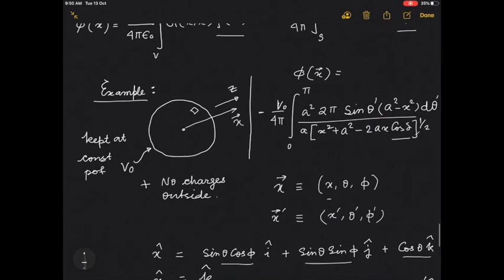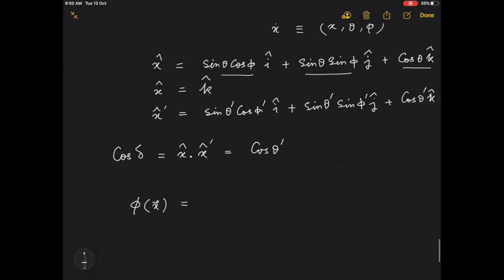So finally, I get my phi x, which is, let's see what has happened here. So the 2 pi can cancel out. A square will give me a. So this is minus b0 a by 2.